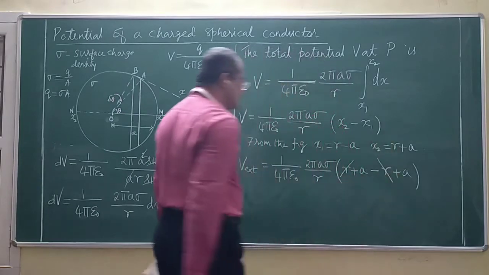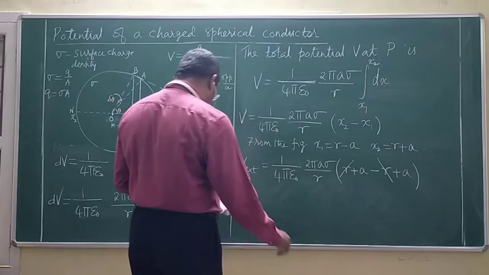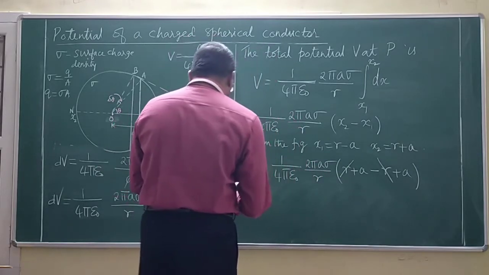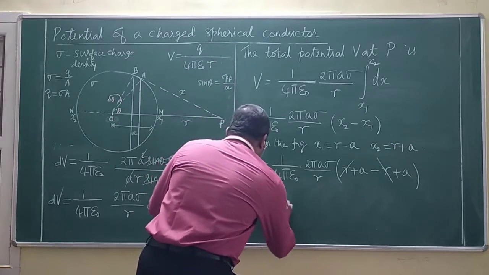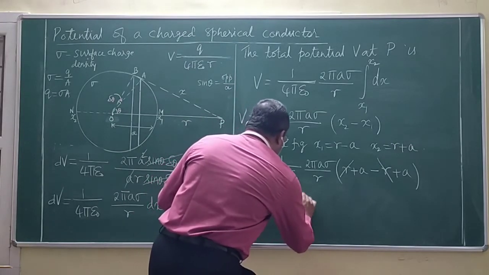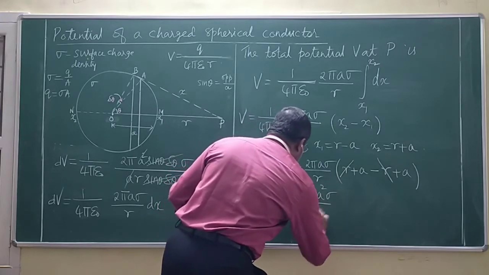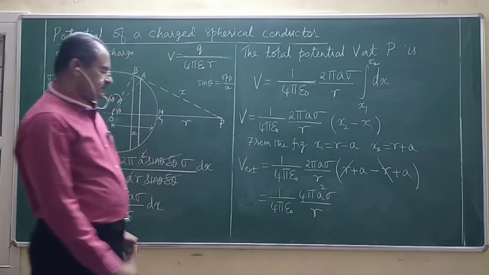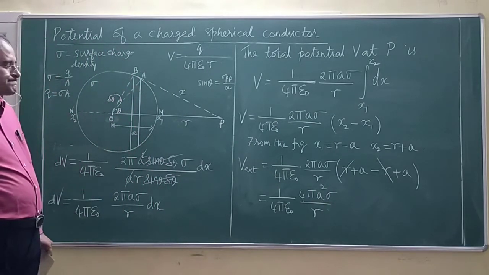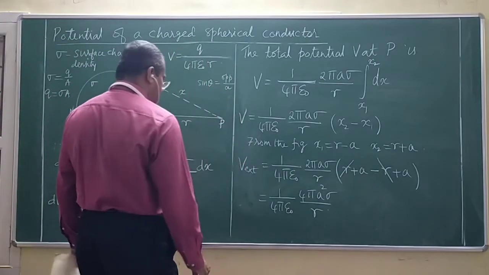Plus or minus will go off to give me 2A. Therefore, I will end up with 1 by 4 pi epsilon naught 4 pi A squared sigma by R. I suppose you understand what I have said, right? This is the external.